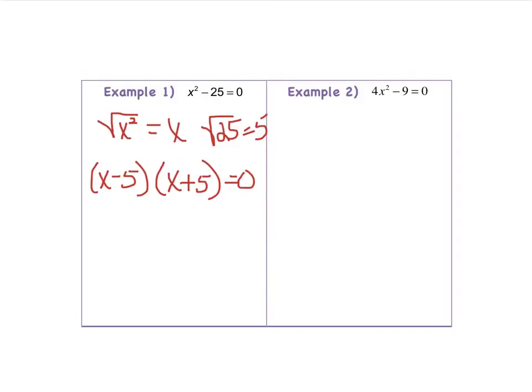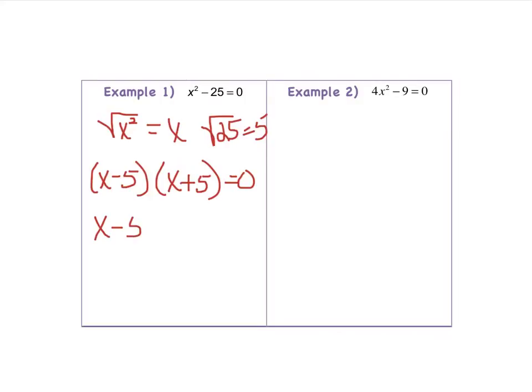Then the outer and inner terms. The outer terms give 5x. The inner terms give negative 5x. Well, what is 5x minus 5x? It's 0. That's why this method will work anytime you have the difference of perfect squares. Now we are ready for the third step, which is to set each binomial equal to 0 and solve for x.